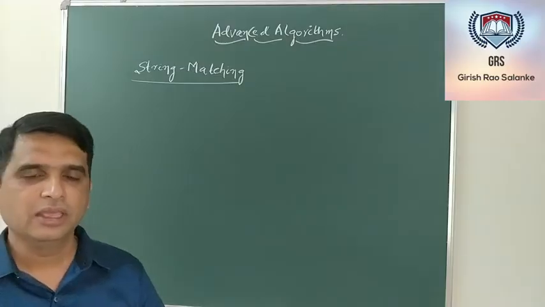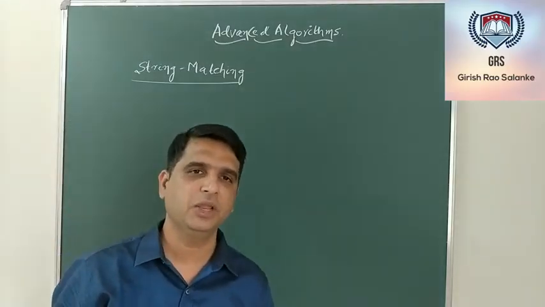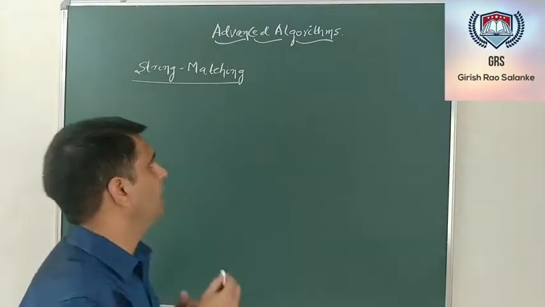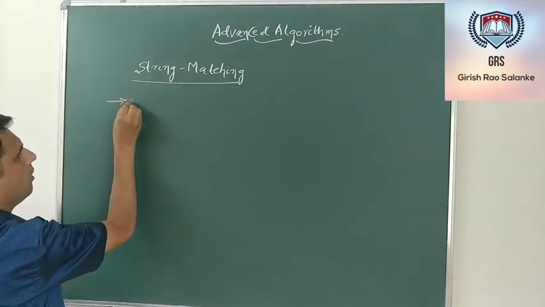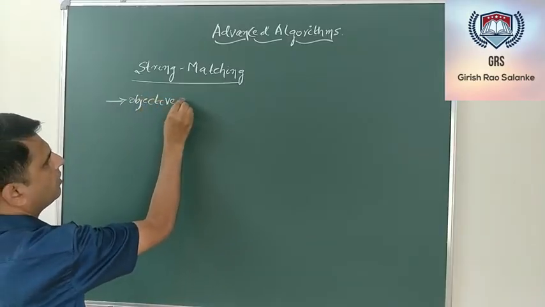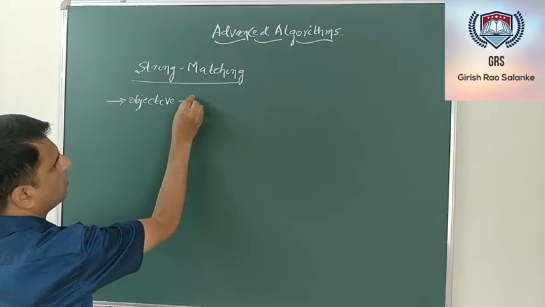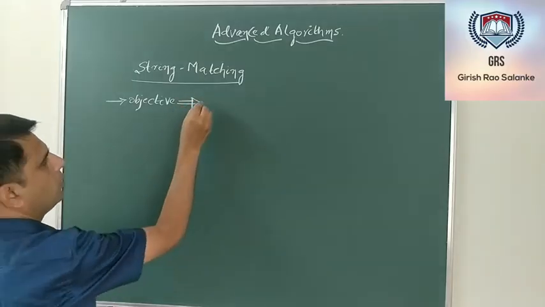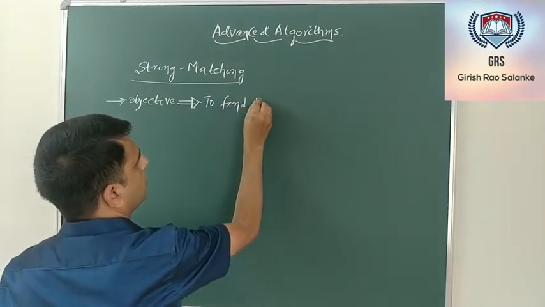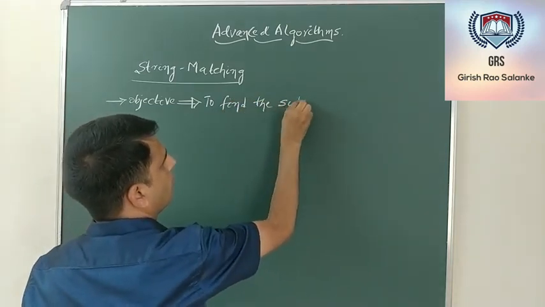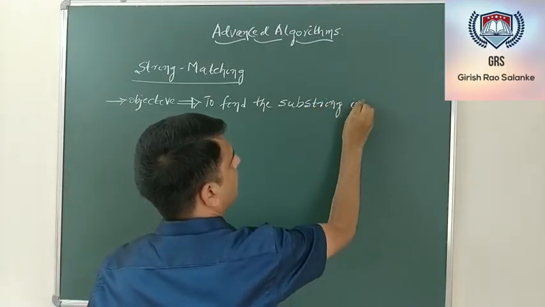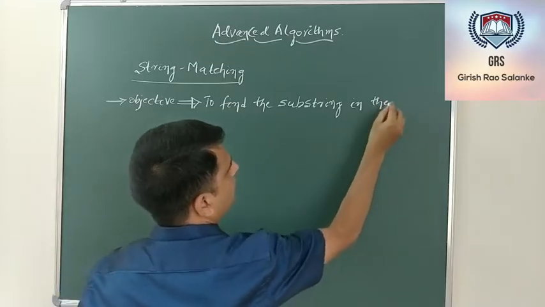Now, as we know, in case of string matching, the main objective is to find a substring in a main string. Let me write the objective of this string matching problem: the objective is to find the substring in the main string.